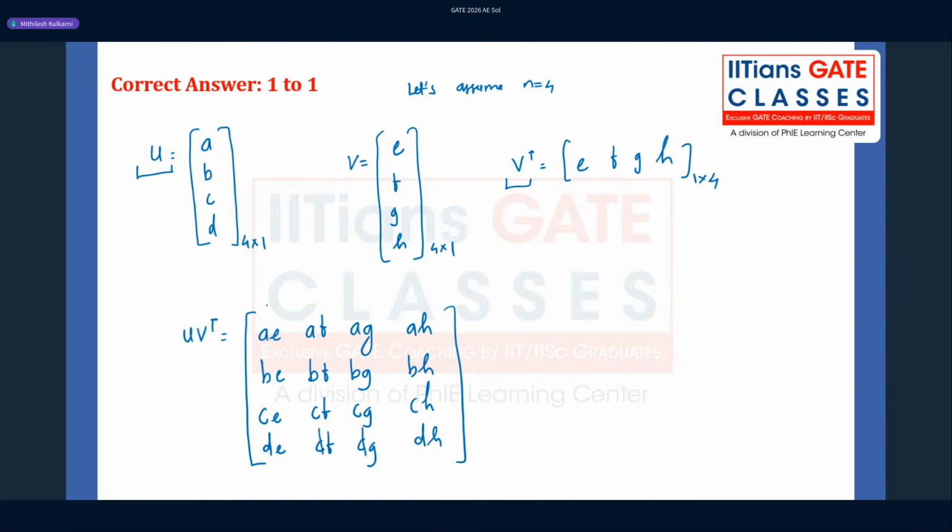If you see the first column, second column, all the columns or all the rows are linearly dependent. We can say every column is proportional. These two columns are proportional, similarly these two columns are proportional, so every column is proportional, and every row is also proportional.